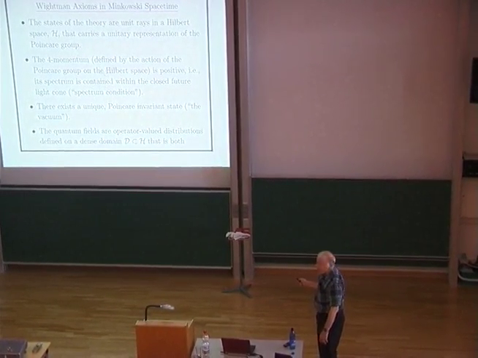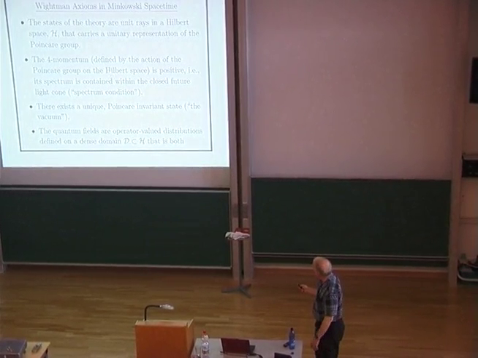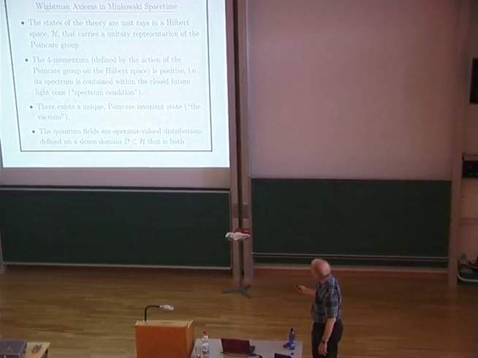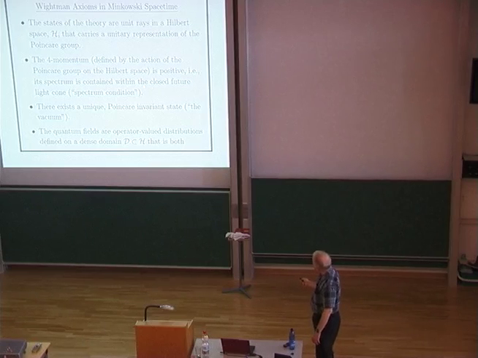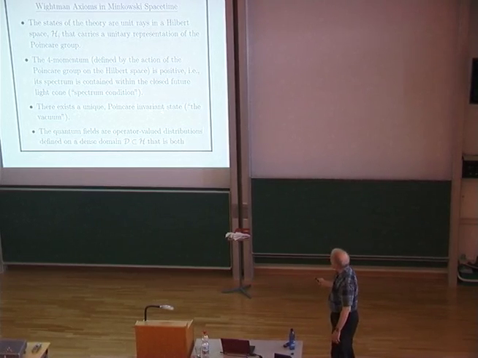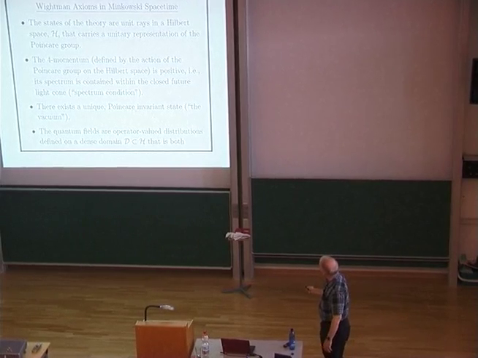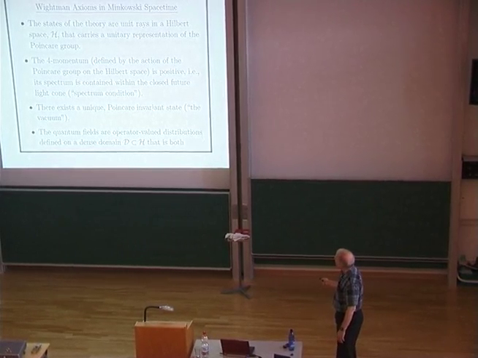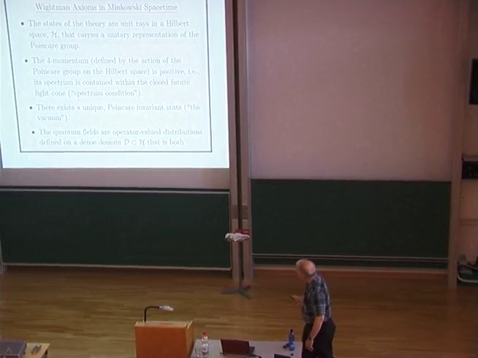Then we have the spectrum condition that was mentioned in a number of talks here the last couple of days, that basically says that total energy is positive, or total four-momentum is time-like or null. Then we have this condition that I've already alluded to, that we have some unique Poincare invariant state.